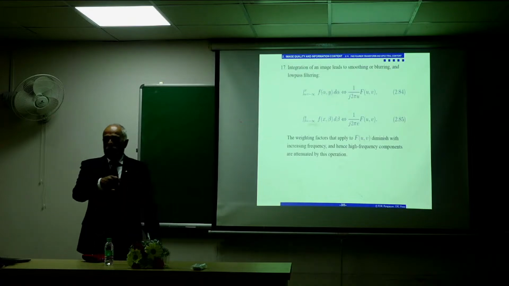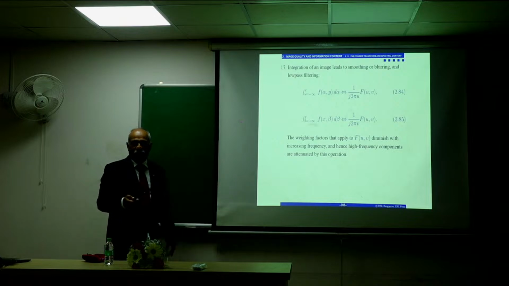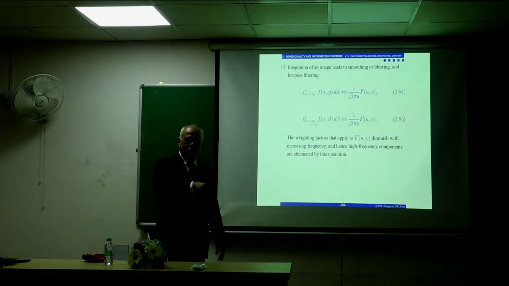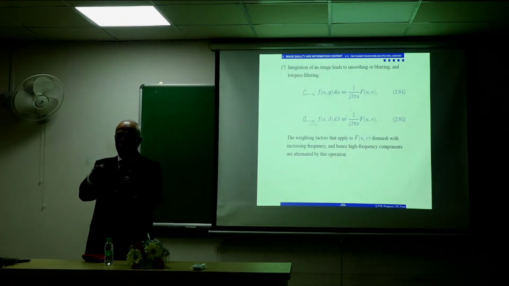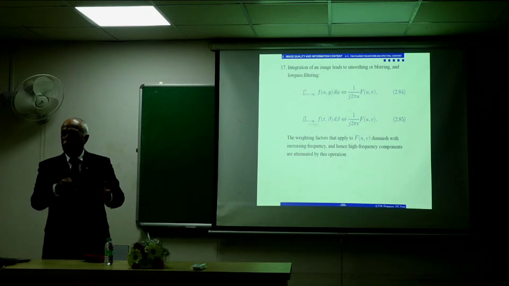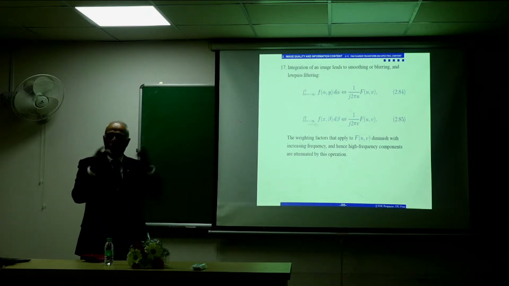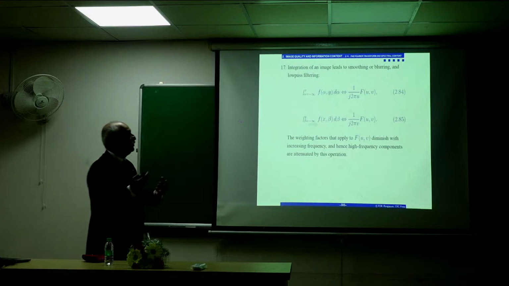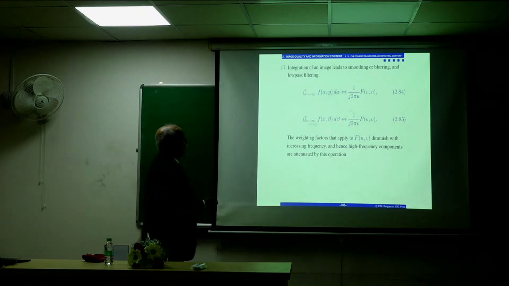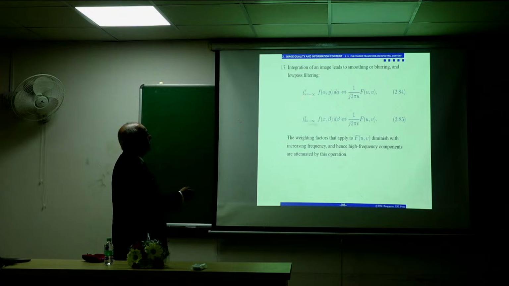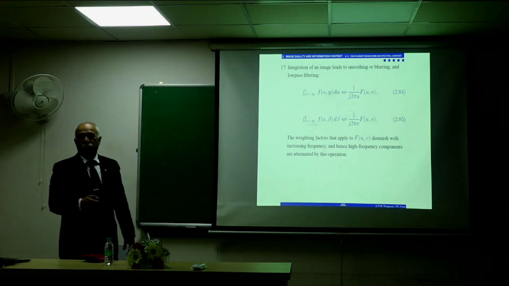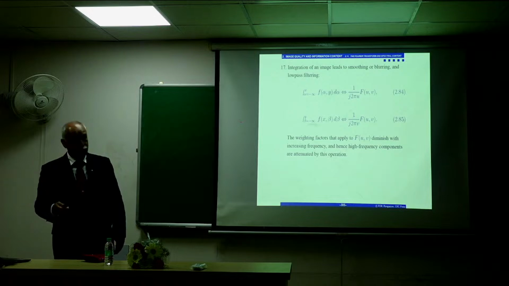So the opposite of differentiation is integration. And it should be having the opposite effect. If one is high pass, the other is low pass. Integration is filtering, accumulation, so smoothing. So when you integrate f(alpha, y) from minus infinity to x, you're integrating in the x direction only, you get 1 over j2 pi u as the gain factor in the frequency domain.